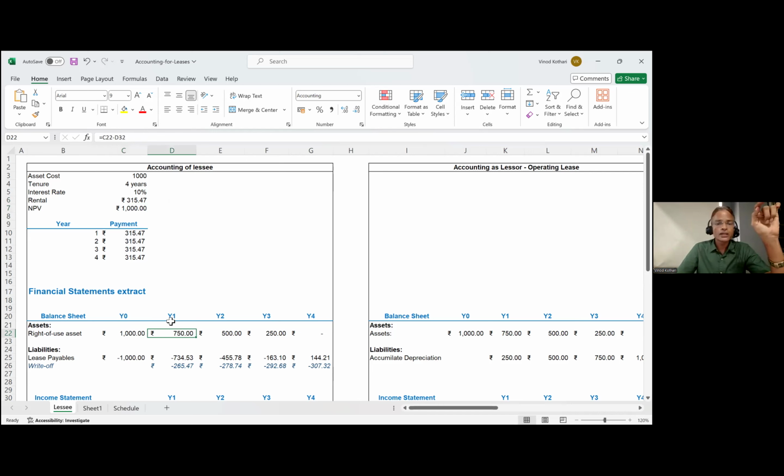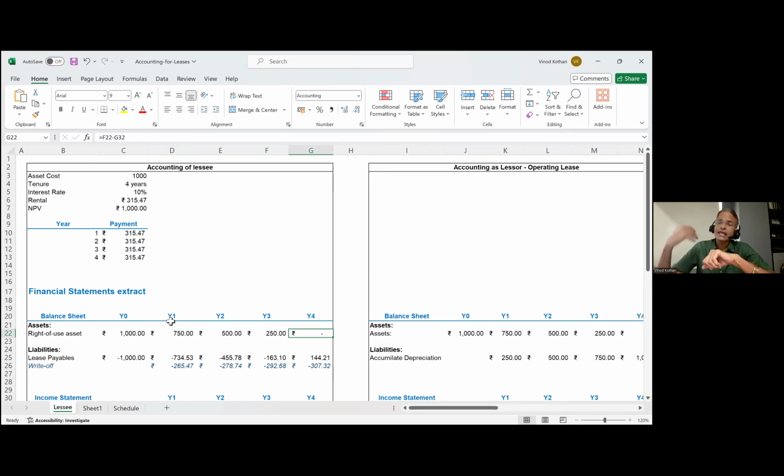End of year 1. Remember, we are depreciating the ROU asset linearly. In year 1 we provided 250 depreciation, so the end of year 1 becomes 750, end of year 2 becomes 500, end of year 3 becomes 250, end of year 4 becomes 0. Because we're depreciating the ROU asset linearly, 25% each year over the lease tenure. Remember I mentioned that if the lease transfers title, I may depreciate the ROU asset over the useful life itself.